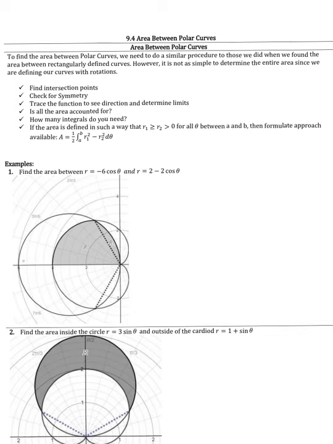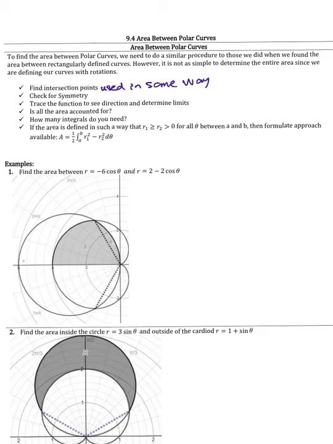So one of the things to keep in mind, some helpful hints or just reminders in general when we are finding the area between two curves, is you're pretty much always going to have to find the intersection points. These always are used in some way. Sometimes they're the bounds, sometimes they're used in a different way, but they're pretty much always going to be used.